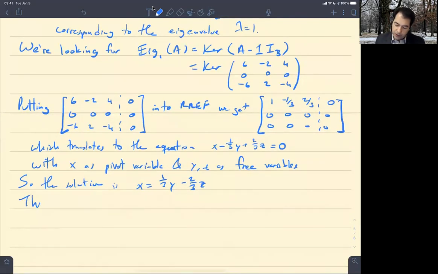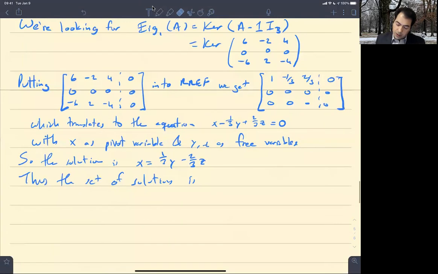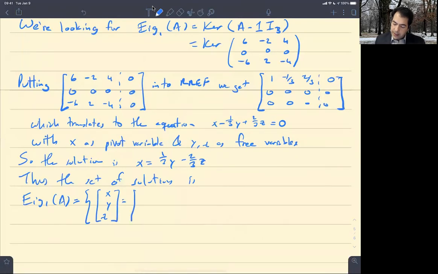Okay, so now thus the set of solutions is called the eigenspace of A corresponding to eigenvalue 1, so Eig1 of A, and so it's going to be all of the x, y, z, where x is 1/3 y minus 2/3 z, y is just y, z is just z, right, which I can write as y times 1/3, 1, 0 plus z times minus 2/3, 0, 1.